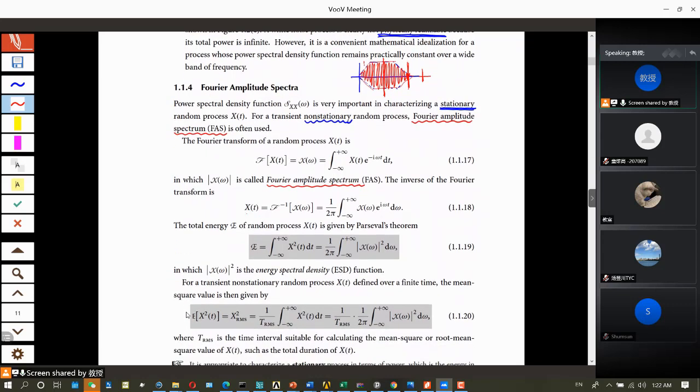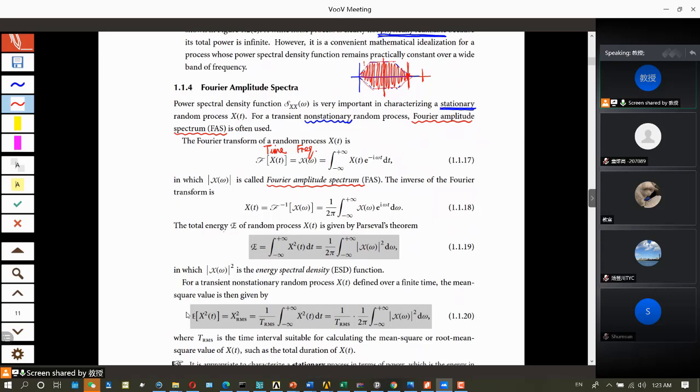And X is the inverse Fourier transform of the script X. So here again, this is the time domain. Xt is in the time domain and X omega is in the frequency domain.